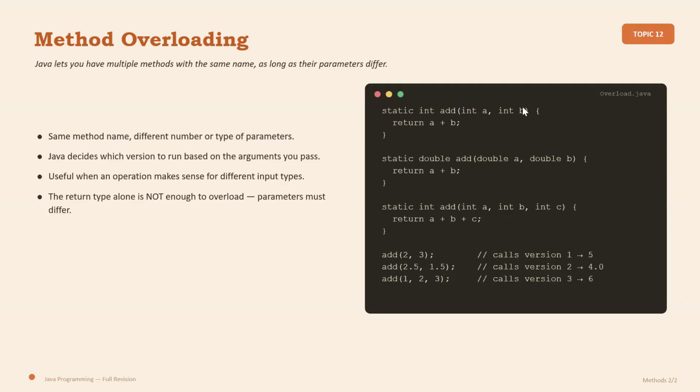So the method may differ by number of parameters or the type of parameter. For example, here I have 3 methods. And in these 3 methods, I'm using the same name. See, I'm using add. This is also add, this is also add, and this is also add.